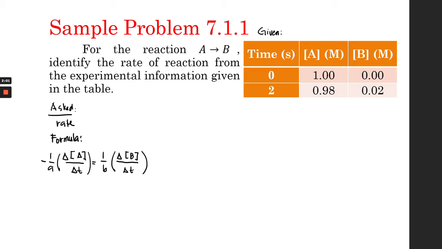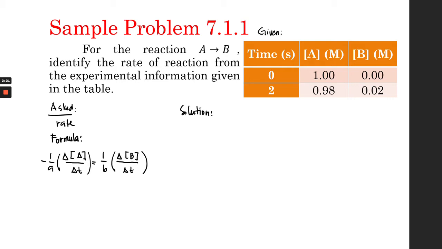So let's do our solution. In this problem, we can calculate the rate of reaction by either solving for the rate of A or the rate of B, because they should be equal anyway.